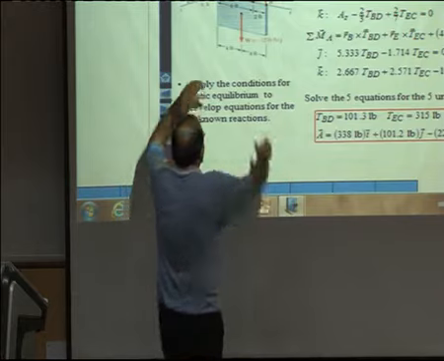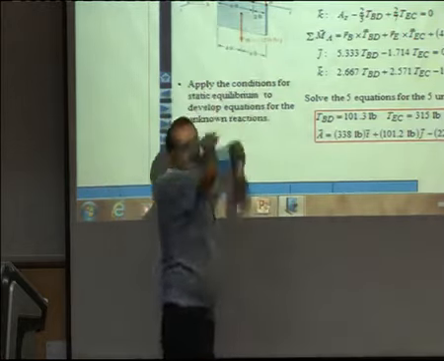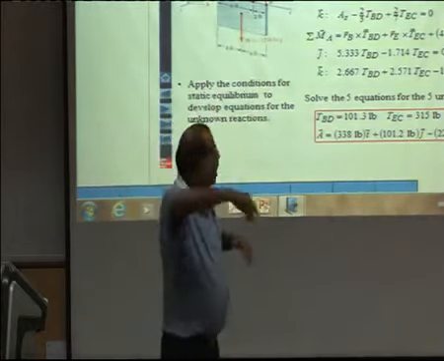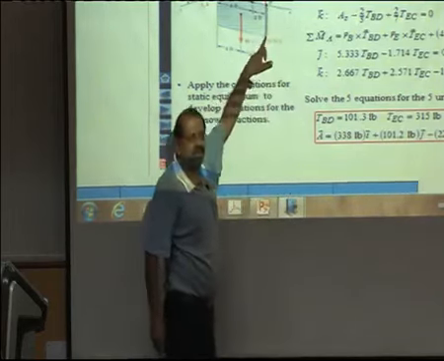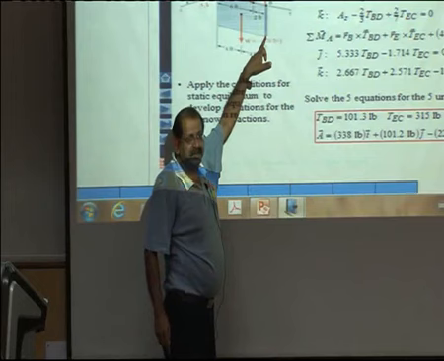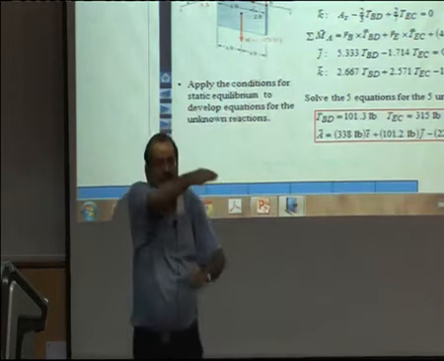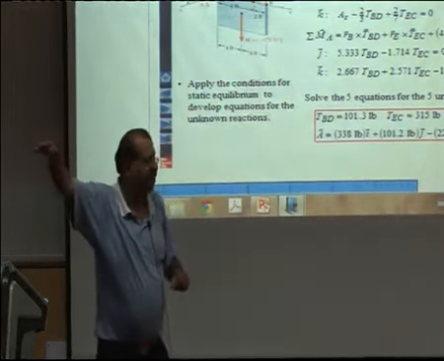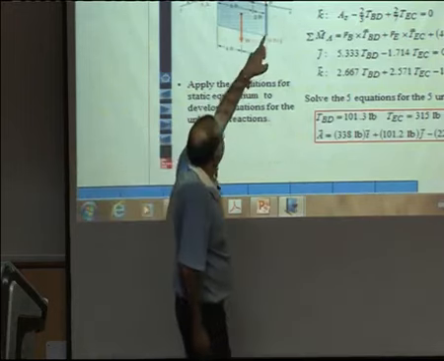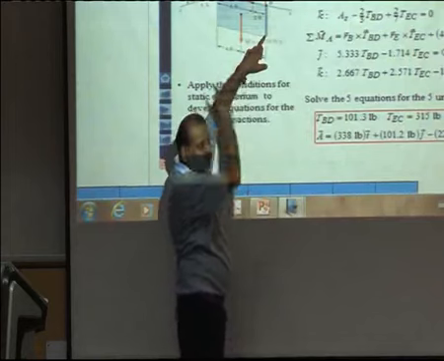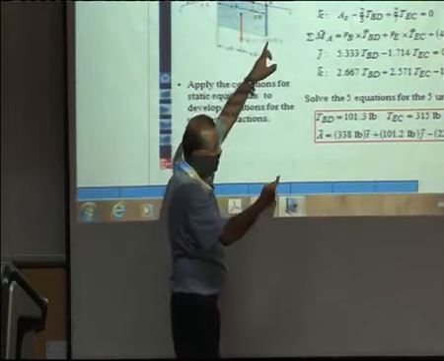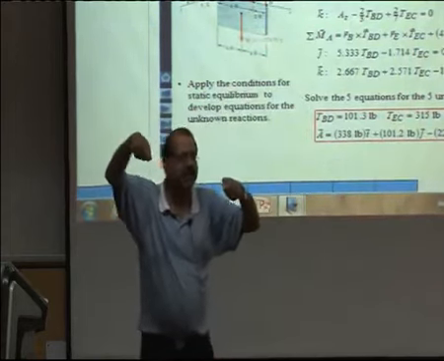For example, in this case, suppose this plate was in a horizontal plane and one of these strings was tied at this corner instead. Then in that case, what you could do is take moments about the x axis is equal to 0. That would have directly given you the tension in this string, because all other forces are passing through the x axis, only weight and this force would not have intersected the x axis.